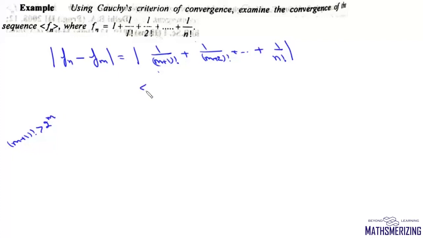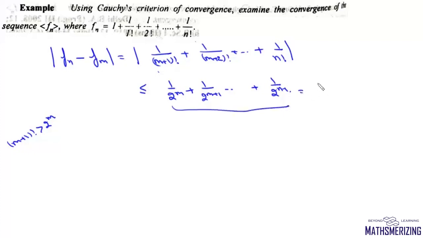It will be less than or equal to 1 upon 2 to the power m plus 1 upon 2 to the power m plus 1, up to 1 upon 2 to the power n minus 1. Now this is nothing but a GP.